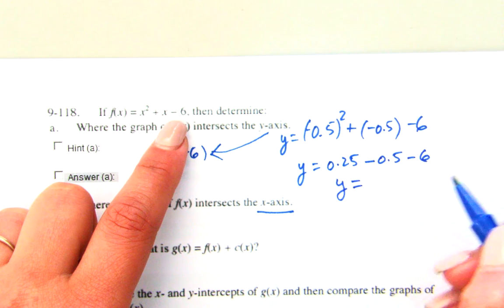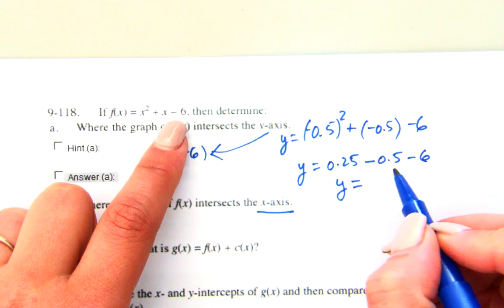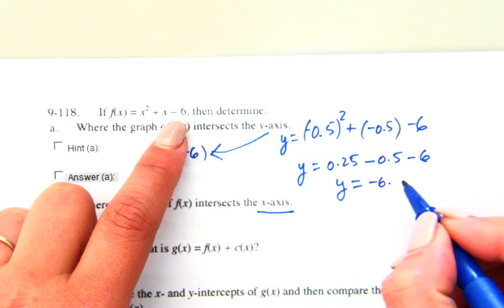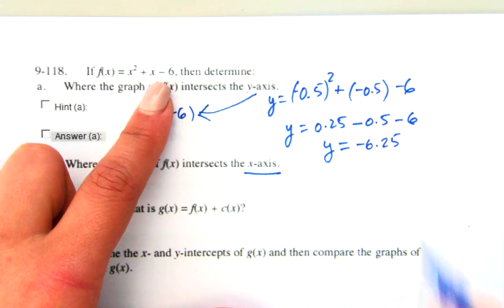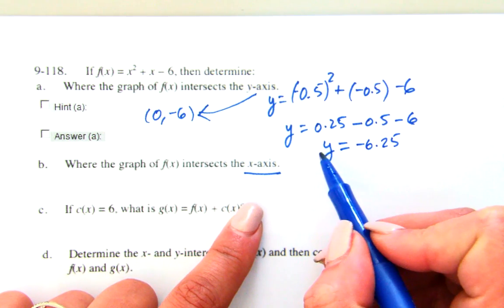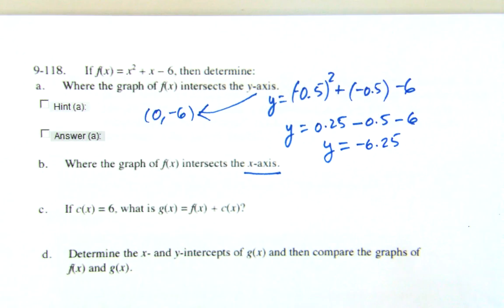So you should get y equals negative something or another, -6.25? Yeah, -6.25. Okay, so your x-intercept for your vertex, I should say, because it really didn't ask for it, but you have to graph it.